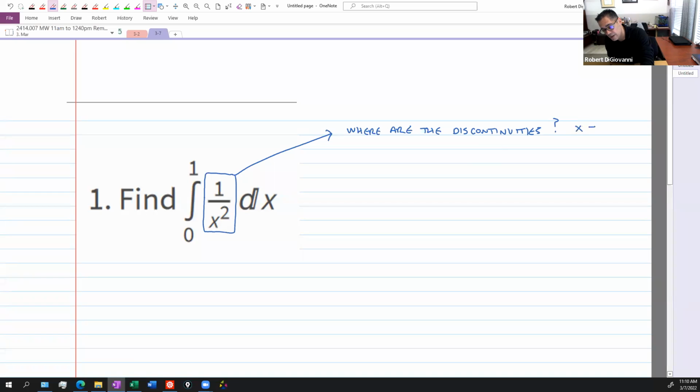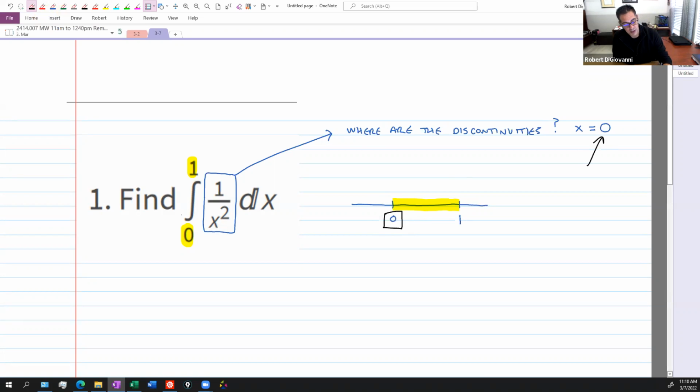So for us, x equals 0 is a discontinuity. The next thing I do is I look at the interval that I'm trying to integrate over, and I draw that interval on a number line. So here's my number line. Here's 0. Here's 1. I'm trying to find the area between 0 and 1, and I realize that I have a problem, right? Right here corresponds to my discontinuity. So I have a problem at the left endpoint, right?